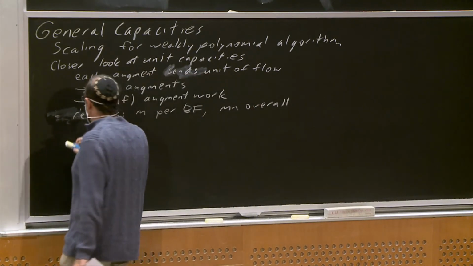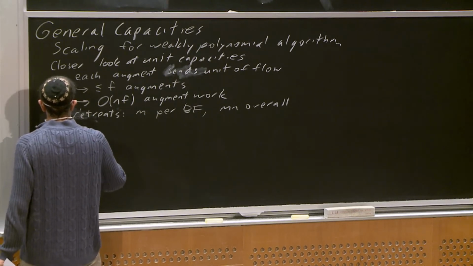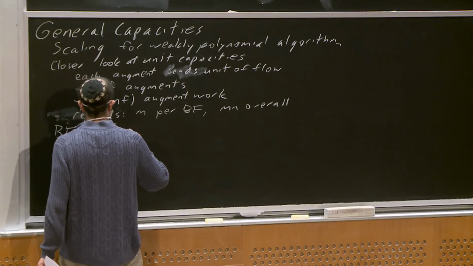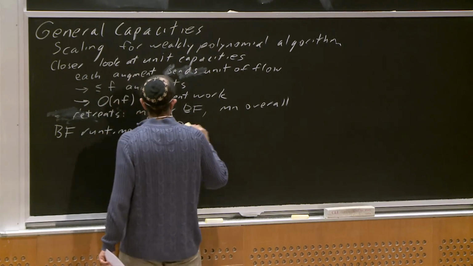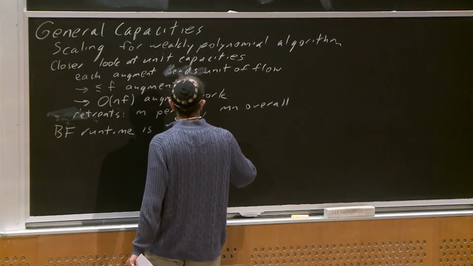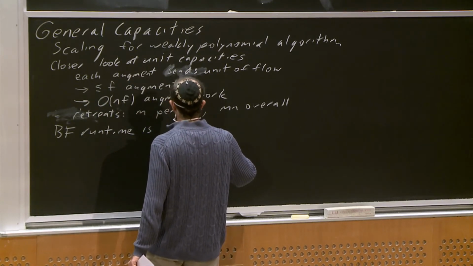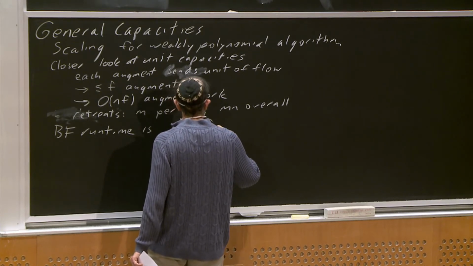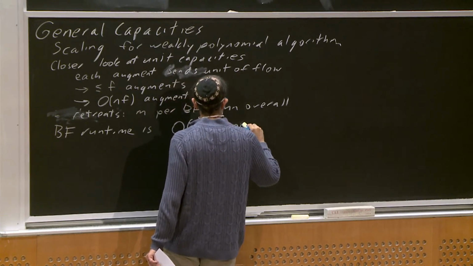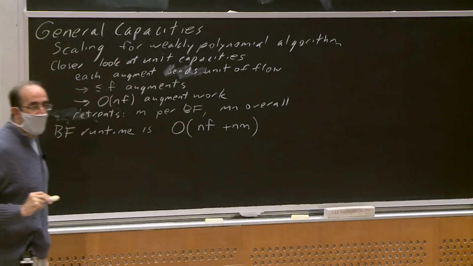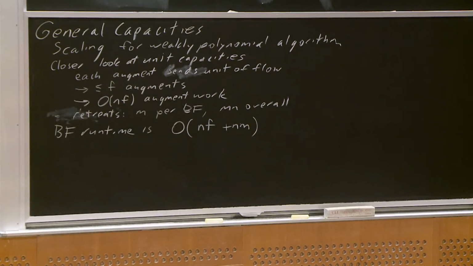So really, the runtime of the blocking flow algorithm is order n times f plus n times m. Okay.